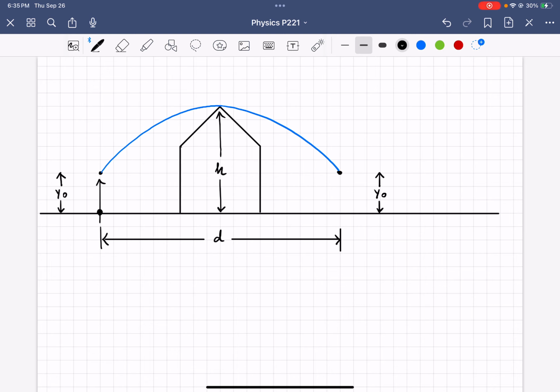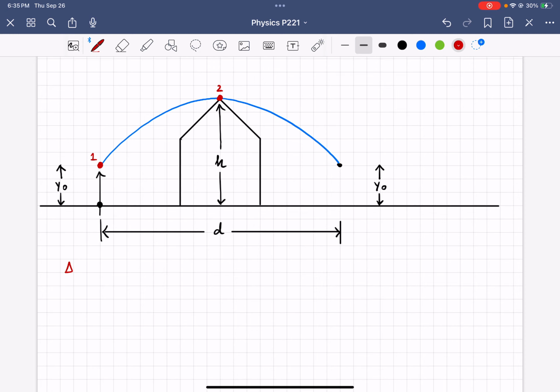Between those 2 points, I'll call these point 1 and 2, I know that the displacement in the y direction is going to be h minus y sub 0. I know that the acceleration in the y direction will be negative g, and I know that the velocity in the y direction at point 2 is going to be 0.